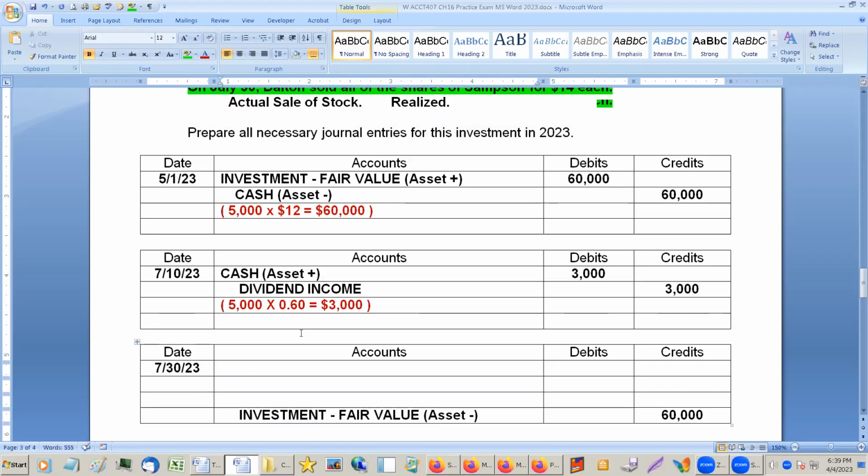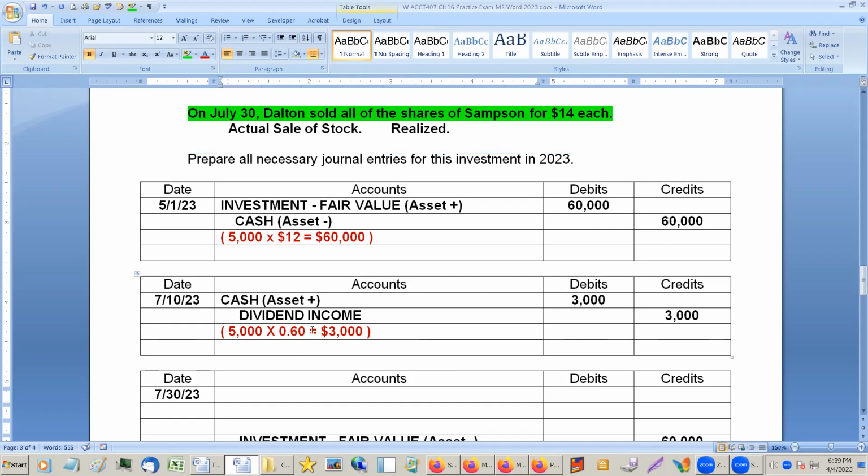How much cash do we get? 70,000. Yep. We sold all 5,000 shares at $14, which equals 70,000. So this will be how much cash we got.